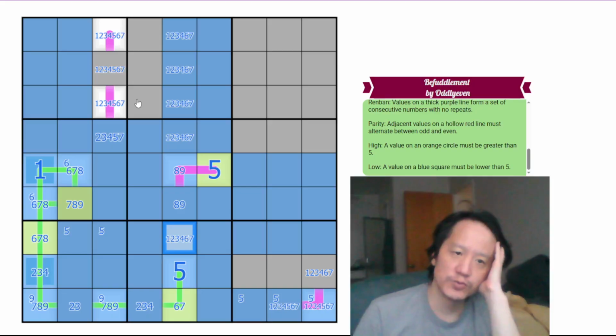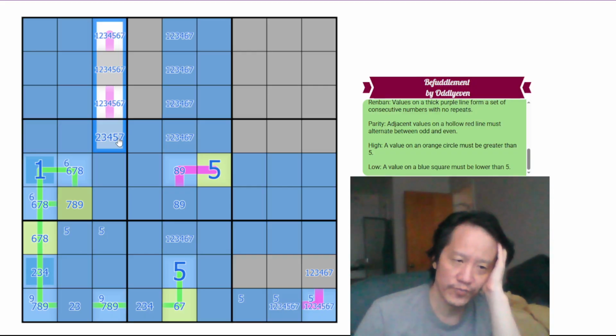So we have the values 1 through 4 here and 5 through 7 here, or this is 4 through, actually this is 4 either way, in value.